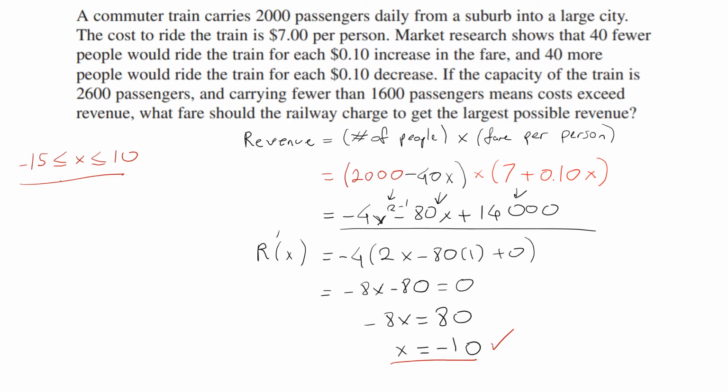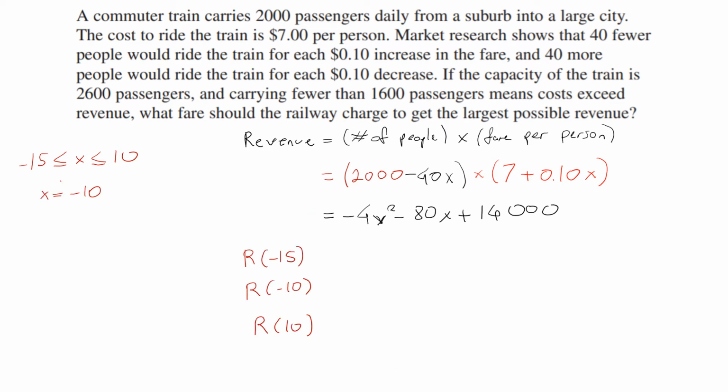So from here, all I'm going to do is plug in my endpoints as well as my critical point into my original function given, which is right over here. So now that I plugged in negative 15, negative 10, and 10 to my x values right over here, when I just plug it into my calculator, I get the value of 14,300 for this one.